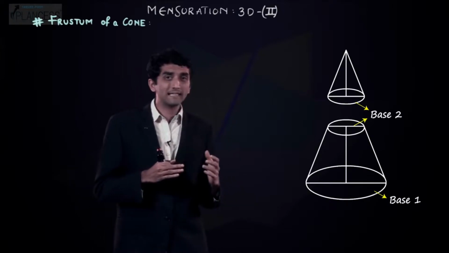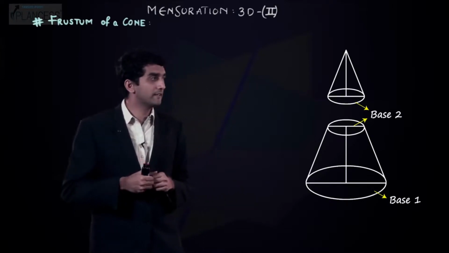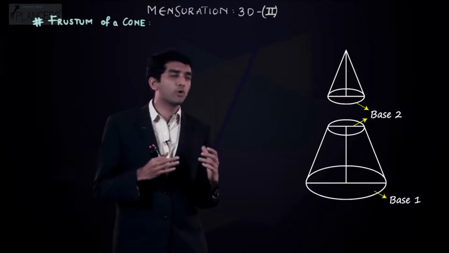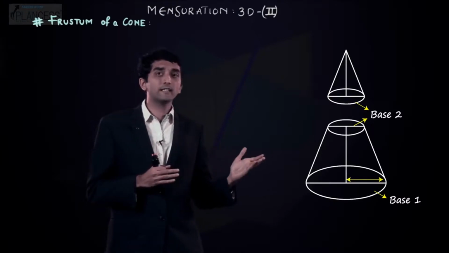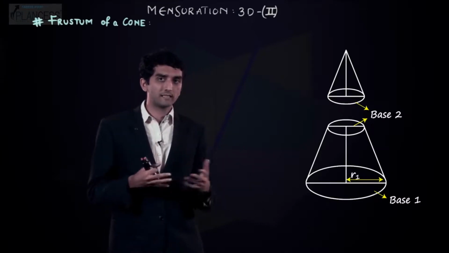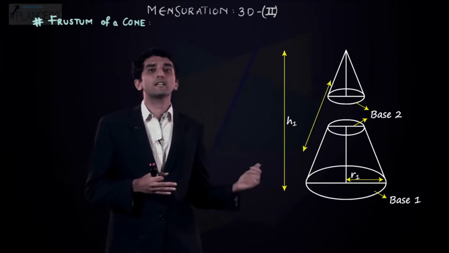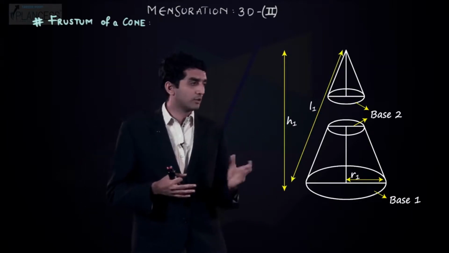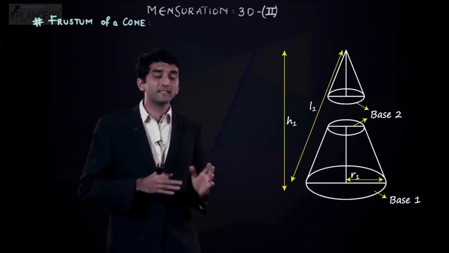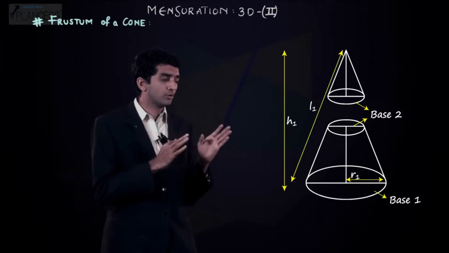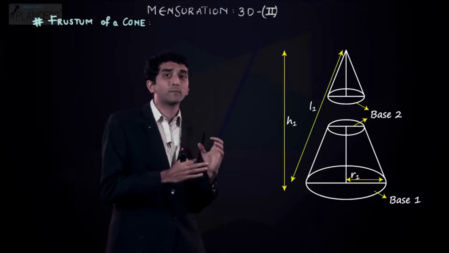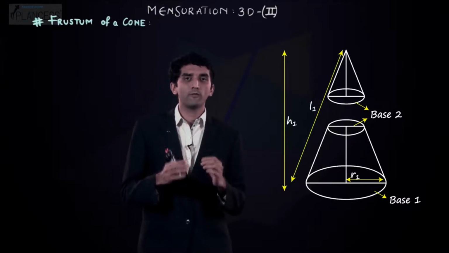Now, as I said, we need to define a few entities. So for the original cone, let's call the radius of that original cone R1, the height H1 and the slant height L1. So as you can see, these are the three entities for the original cone. So this clearly suggests that base 1 has a radius of R1.